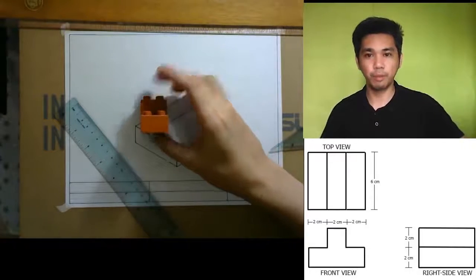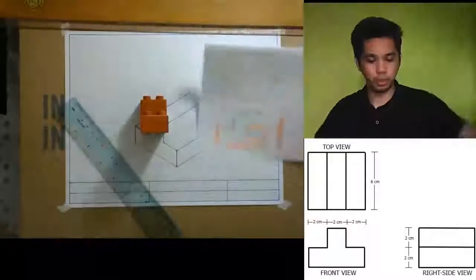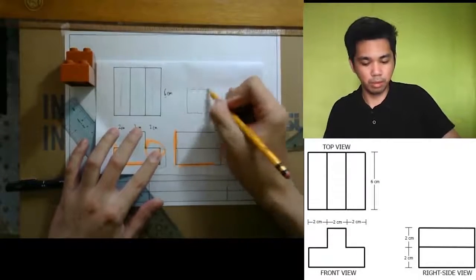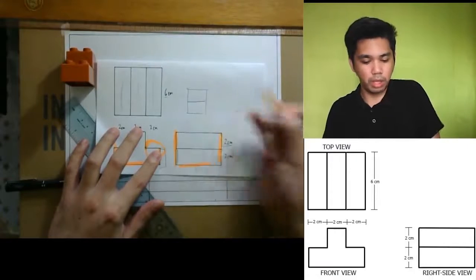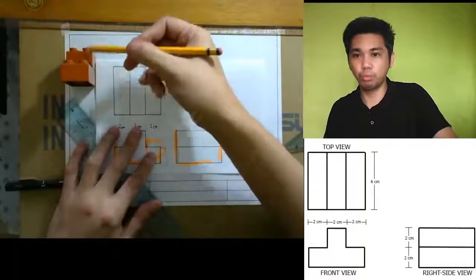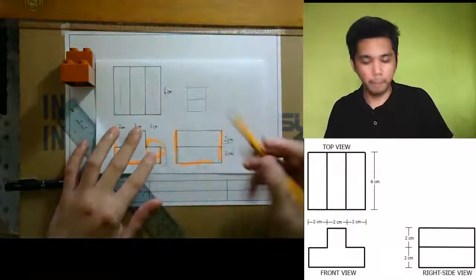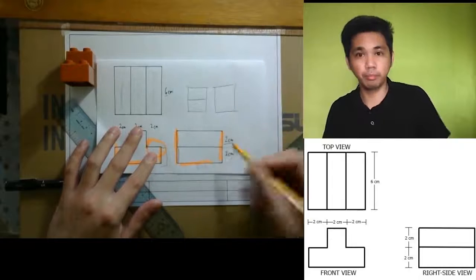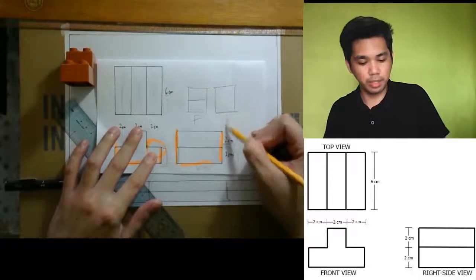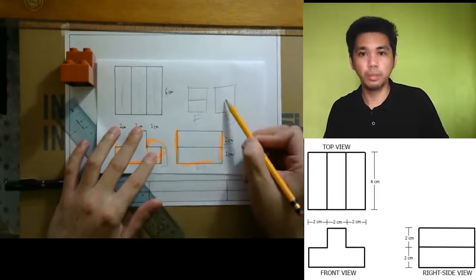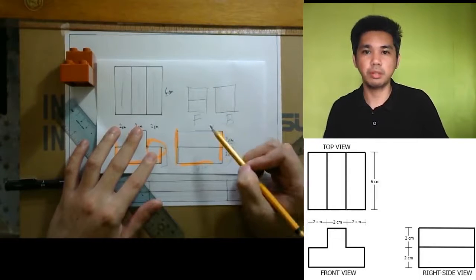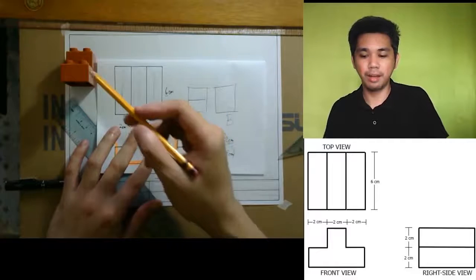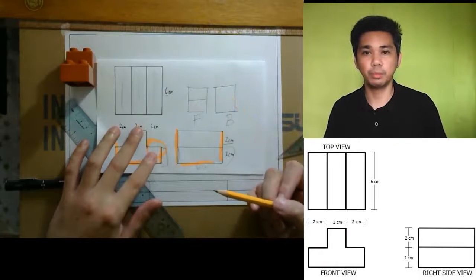If you look at it from the front side, what you will see is an object with a line across because it has two parts. But if you look at it from the back view, you will only see this is the front, this is the back. So at the back view, you will only see a solid space. But it won't erase the fact that there is a line on the front view.